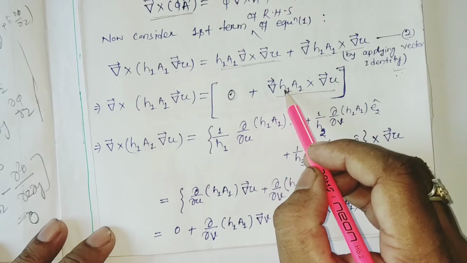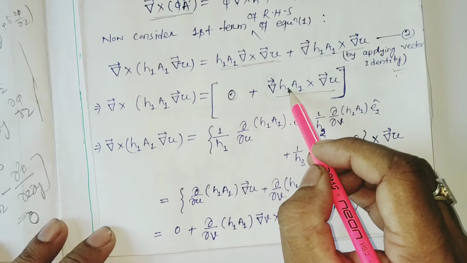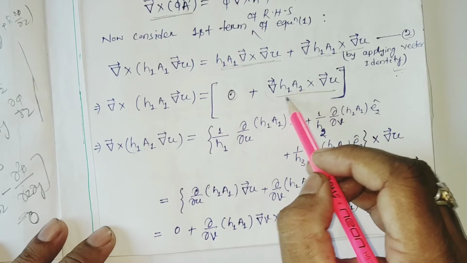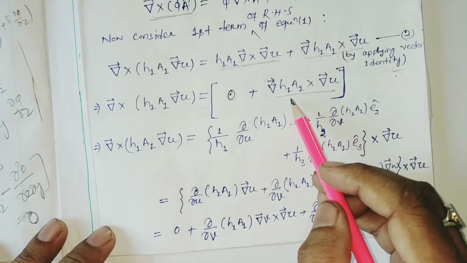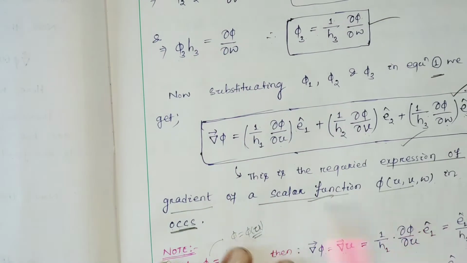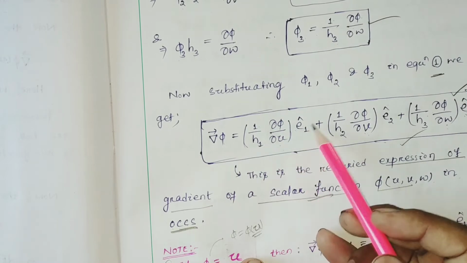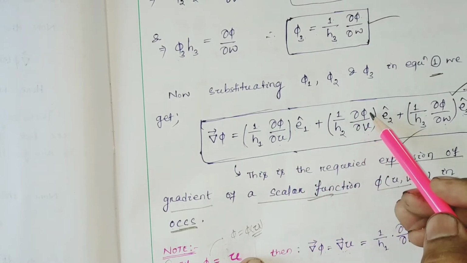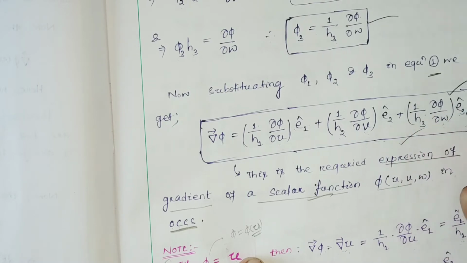Del h1 a1 is the scalar function, so del of h1 a1 is nothing but its gradient. Using the gradient in orthogonal curvilinear coordinates, you just check your note, the gradient of a scalar function is 1 by h1 del phi by del u e1 cap plus 1 by h2 del phi by del v e2 cap plus 1 by h3 del phi by del w e3 cap, right?